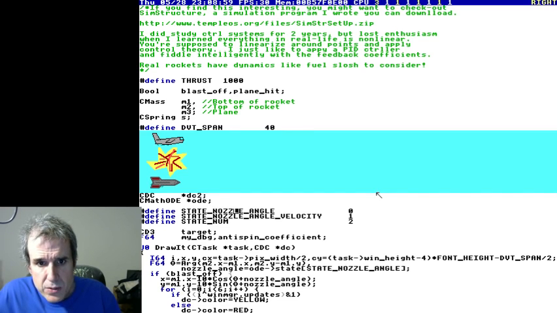The nozzle angle and the nozzle velocity. I think we're integrating. Maybe we're doing a PID controller. There's obviously X, Y, and Z. Well, there's no Z, but for each mass you have an X and a Y, and you have a derivative of X and a derivative of Y. So we have a lot more states than just 2.